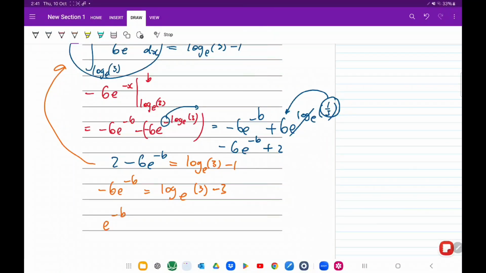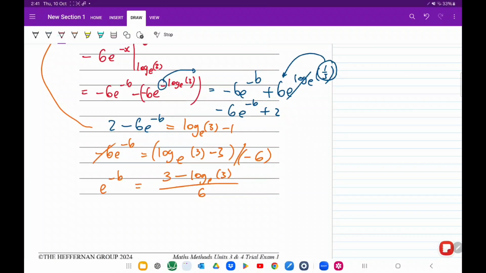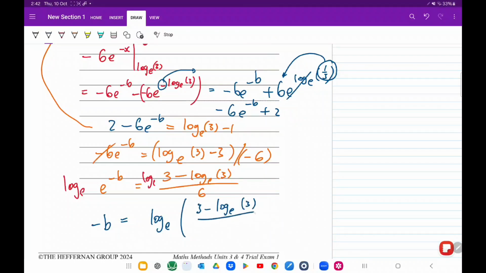We get e to the power of negative b is equal to 3 minus log e 3 over 6. Then we can take the logs of both sides, so negative b is equal to log e of (3 minus log e 3 over 6).